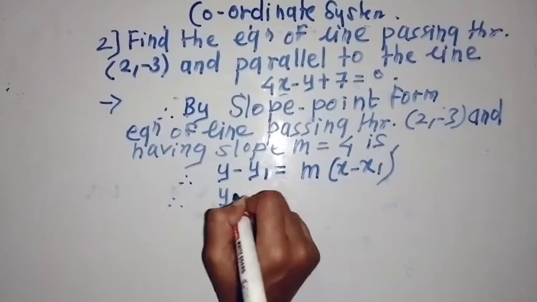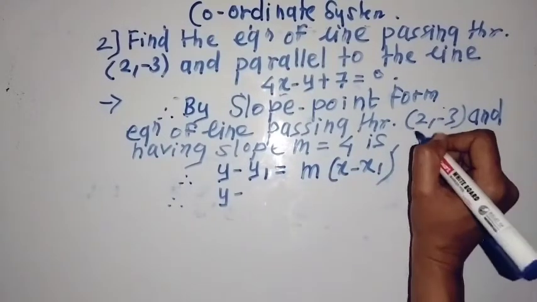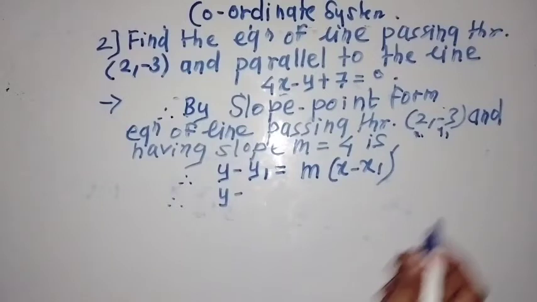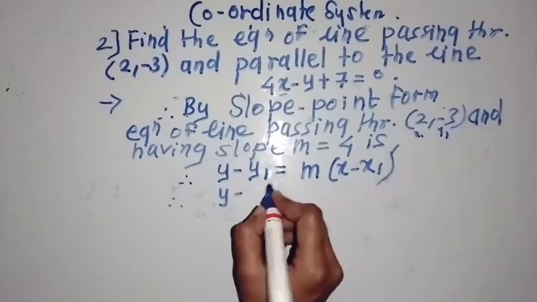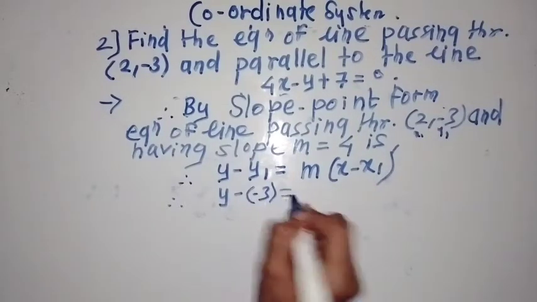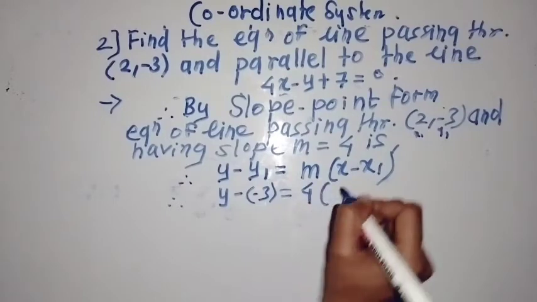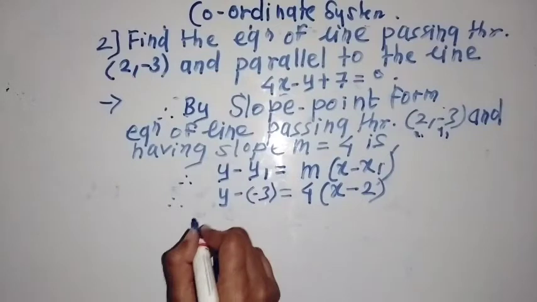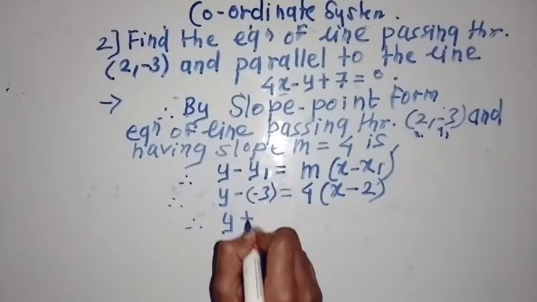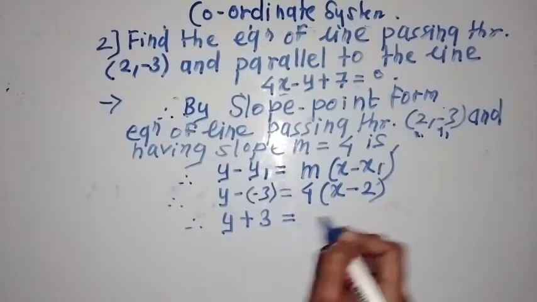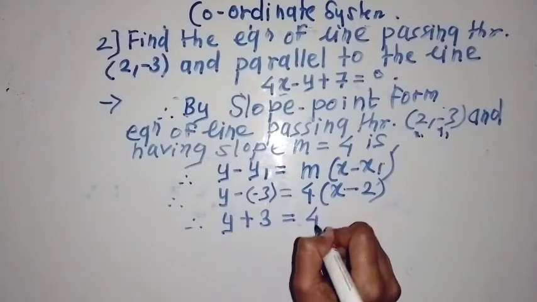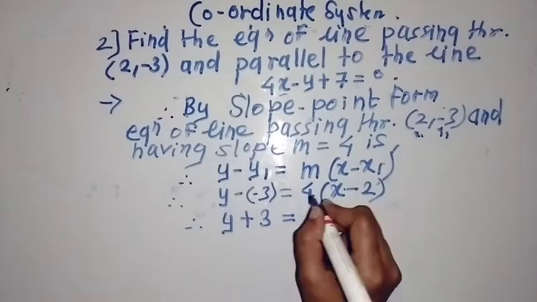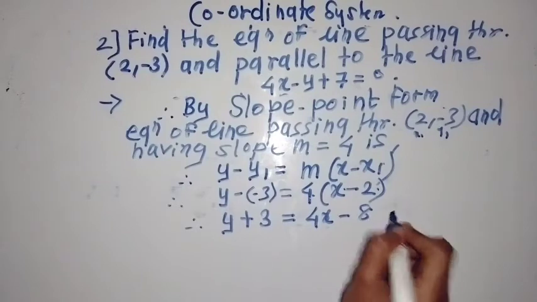Here x1 is 2 and y1 is minus 3, so y minus y1 means y plus 3, into m means 4, into x minus 2. Hence we get y plus 3 is equal to 4x minus 4 into 2, 8.